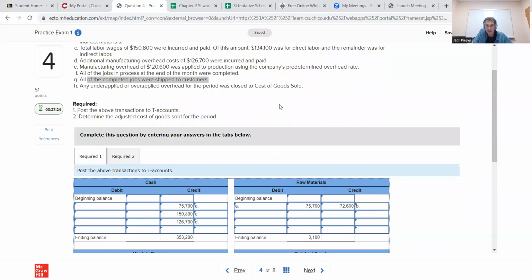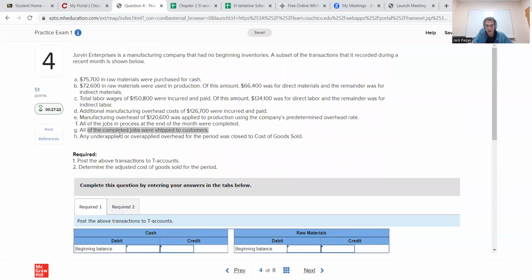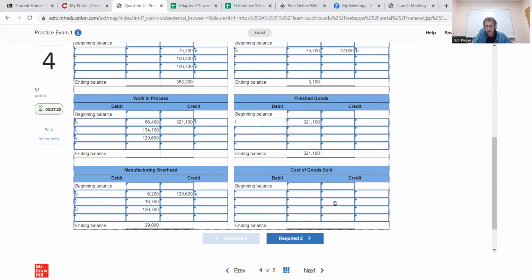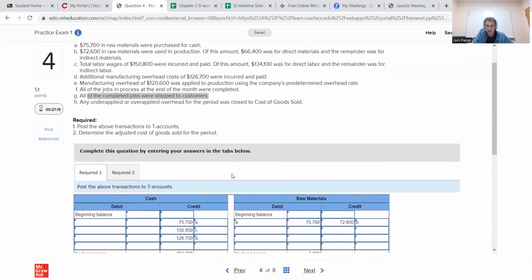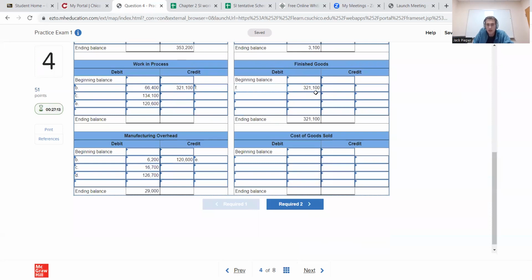Sometimes you'll have both. In that case, you'll do your cost of goods sold expense, and then you'll do the revenue entry. But for this, it's just that. So all of them were shipped to customers. That's pretty easy. So it's going to be 321,100 again. And again, that is G.